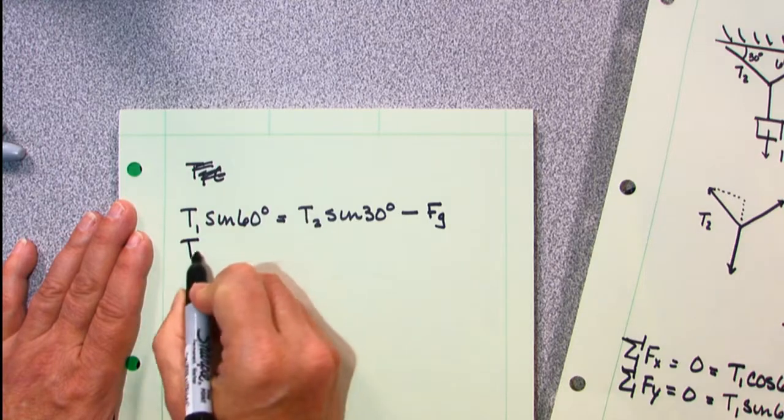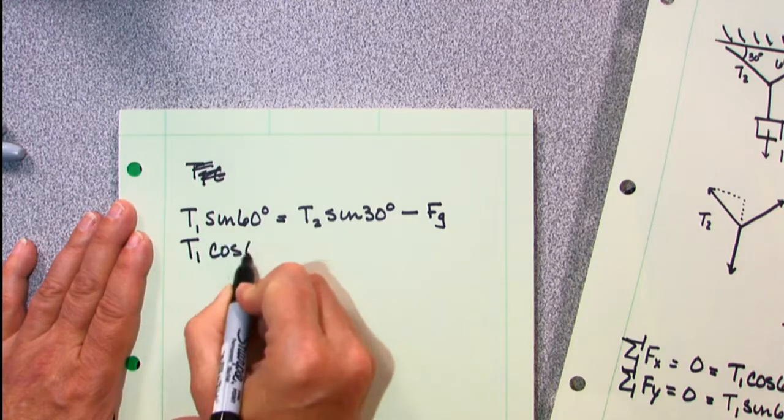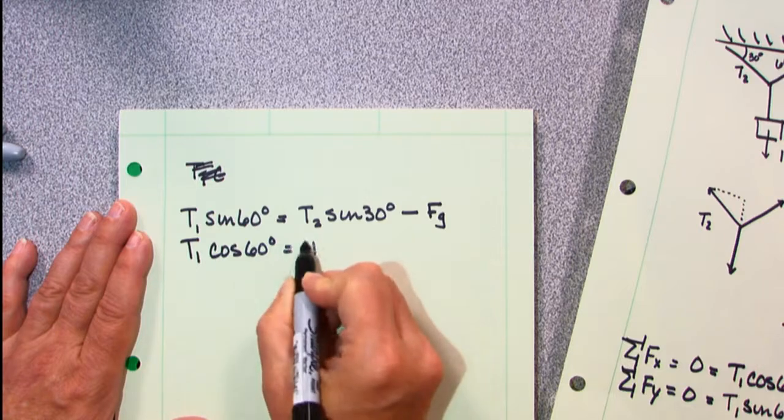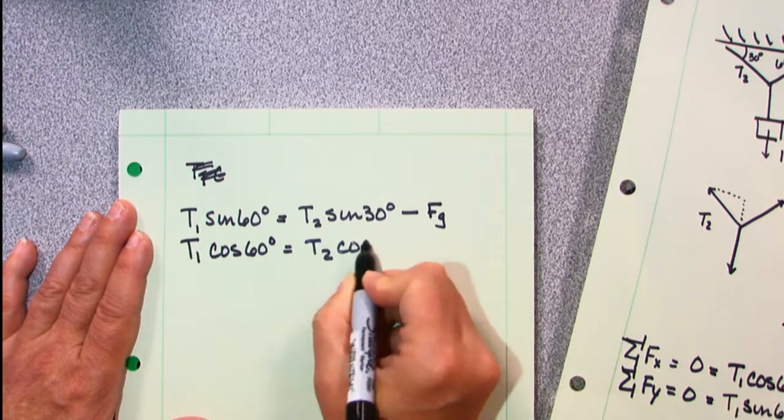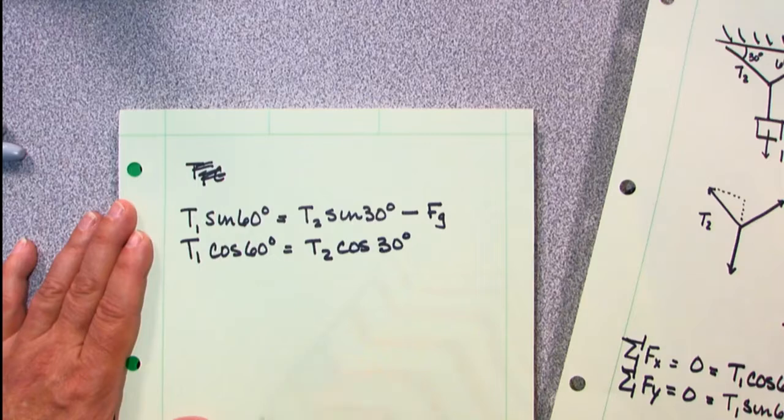I get T1 cosine 60 degrees is equal to T2 cosine 30 degrees.